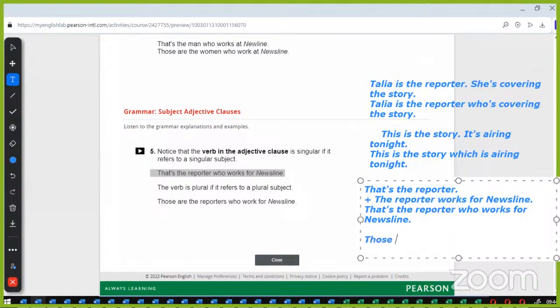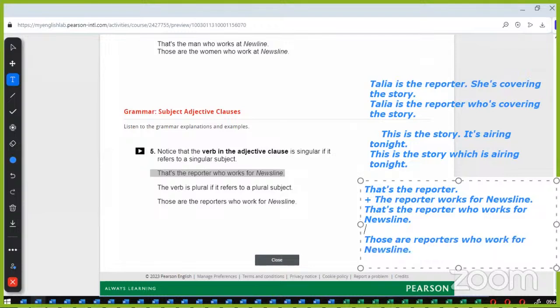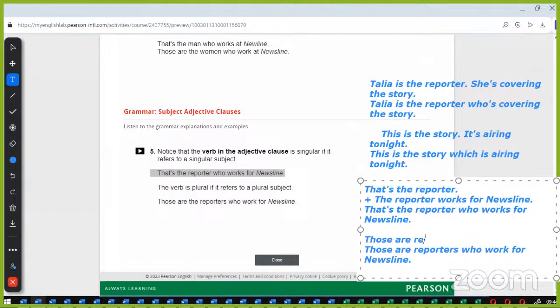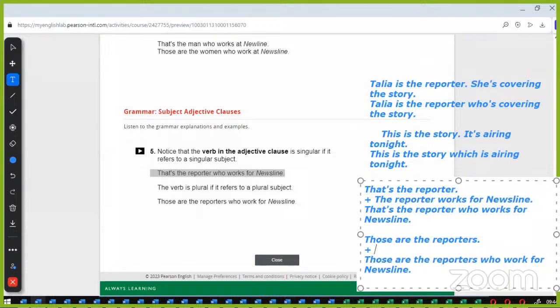But if you said those are the reporters who work for Newsline, that comes from: those are the reporters, plus the reporters work for Newsline.